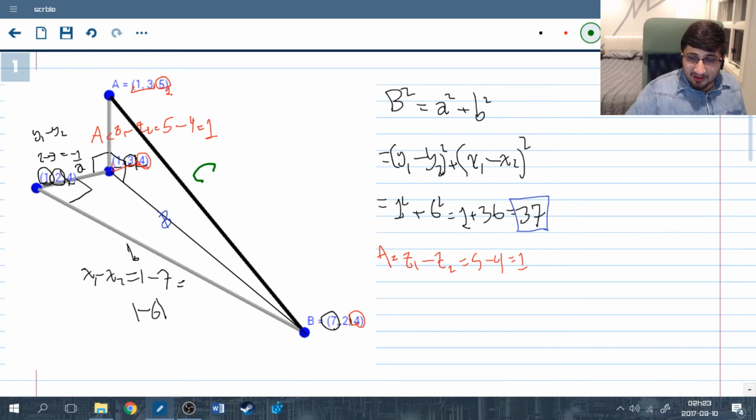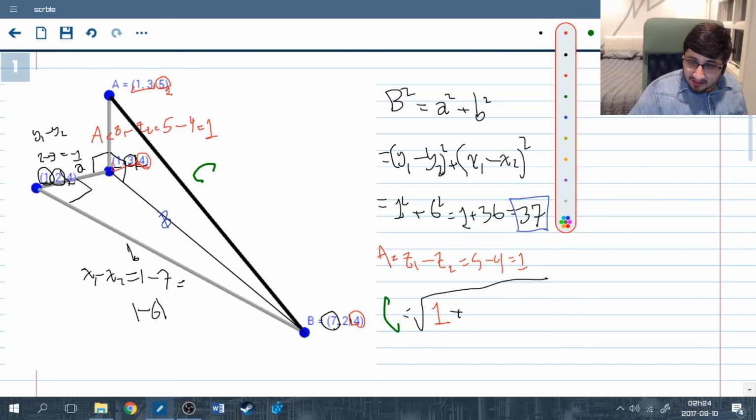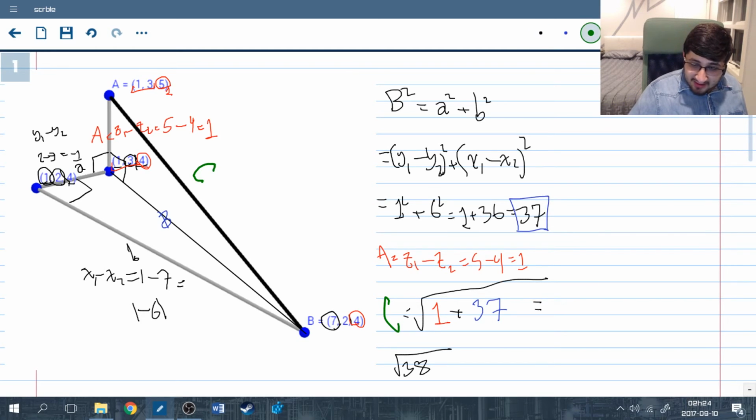And so now let's tie all this together. C is going to be equal to the square root of a squared plus b squared. We already know that 1 squared is 1, so we'll just put a 1 over here, plus 37. And so that gives us our answer of the square root of 38. That is our C, right over here.